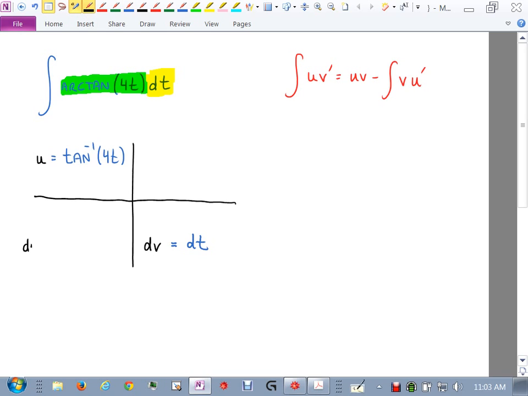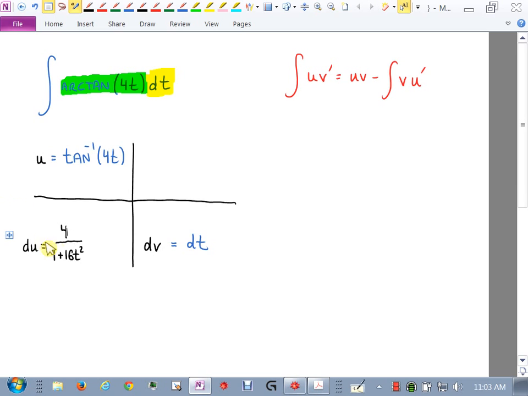So now I'll get a derivative here. The derivative of arctangent 4t, be careful here, is 1 over 1 plus 4t squared, which is 16t squared, right? But then times the derivative of what was inside by chain rule. So the derivative of what's inside is 4. How about I put that 4 on top?